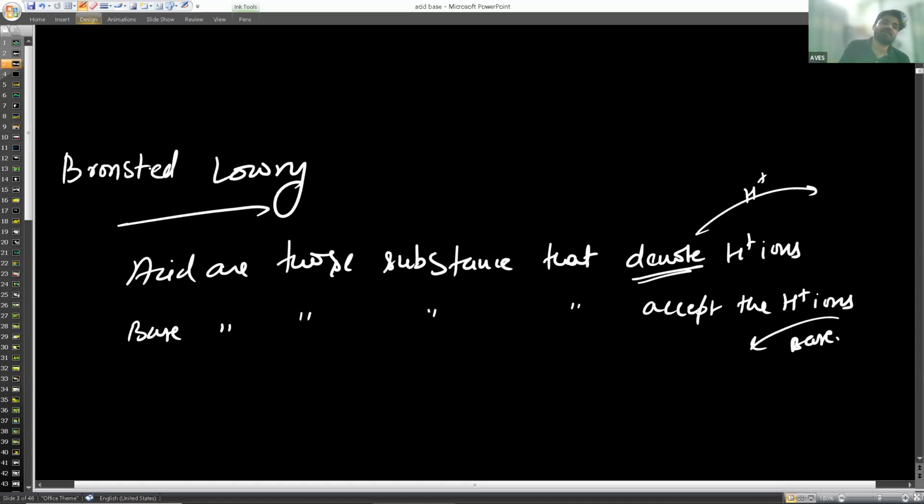Now let's understand acid and base in the light of the Arrhenius and Bronsted-Lowry concepts. For example, if I have HCl and add it to water, I am writing aqueous here. According to Arrhenius, it will dissociate H plus ions.